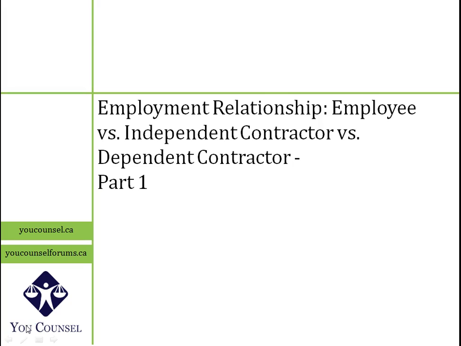And so in this lecture we'll elaborate on why the difference between these three categories, employee, independent contractor, and dependent contractor matters. And then in the next lecture we'll talk about how you determine which category you belong to, and who has the ultimate say, who has the power to decide what is the specific category in your employment relationship.